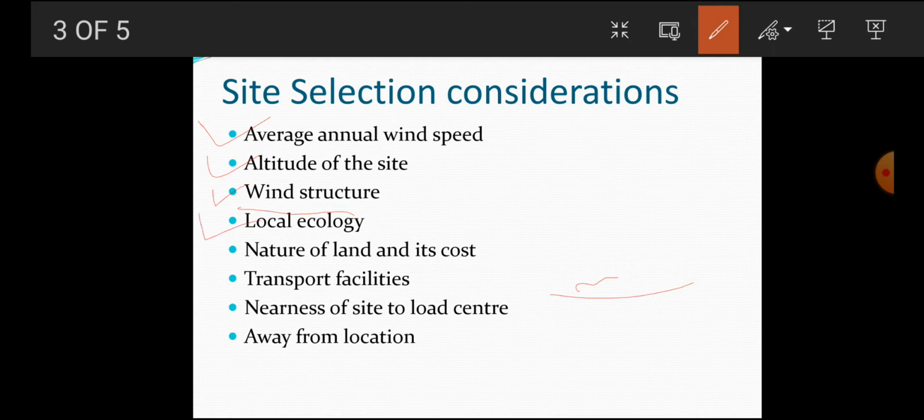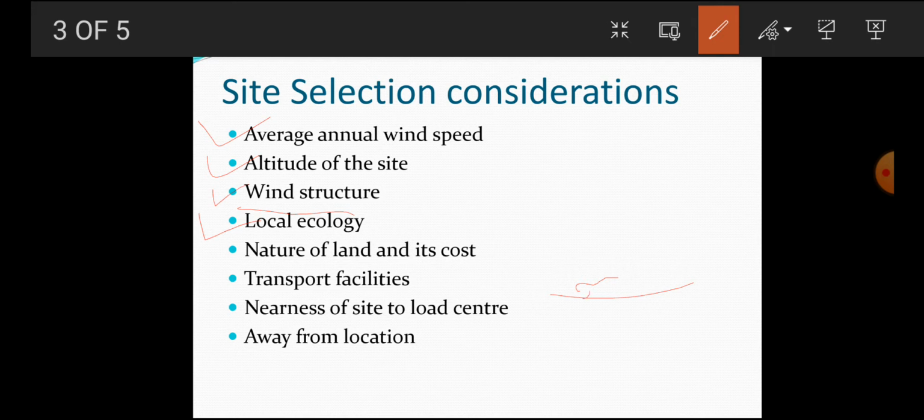Fourth point is ecology. So if small trees, grass or vegetation are present, all of which destructure the wind, then the height of the tower will increase.